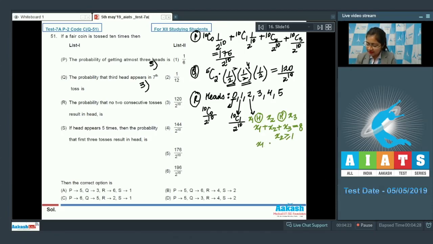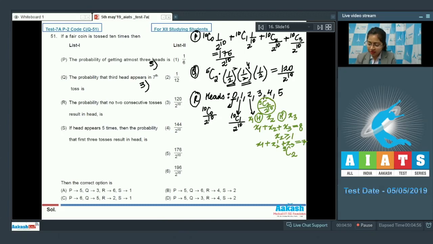So we can say x1 + x2' + x3 = 7, where x2' is also greater than or equal to 0. So its number of integral solutions will be 7 + 3 - 1 = 9C2. So for 2 heads, the count will be 9C2 divided by 2^10.